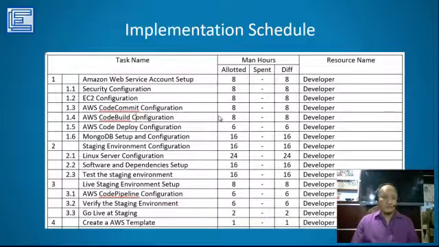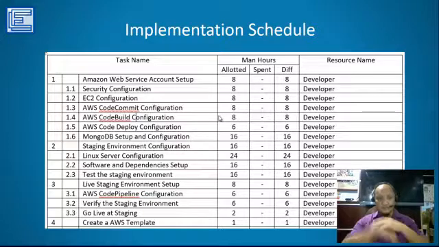The AWS CodePipeline will automate the continuous integration and delivery of the application. The next thing in the line is to verify the staging environment, so if it is working or not. Then after that one, let's go live at the staging.